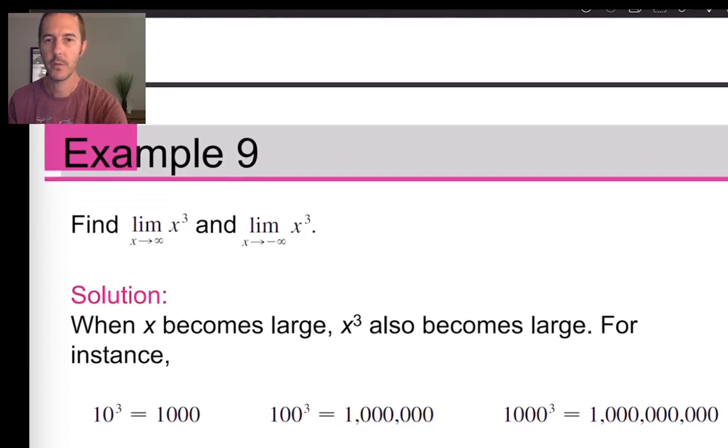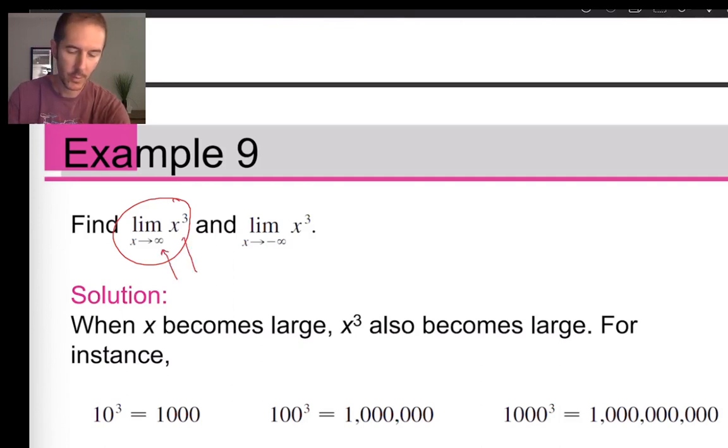What do some of those look like? Here's one of them. You're taking a positive number that's heading off toward positive infinity, and you're raising it to an odd power, and so that will still yield a very large but positive number.